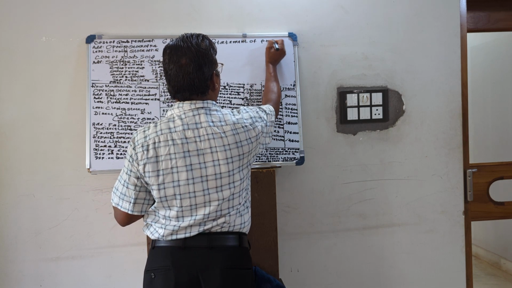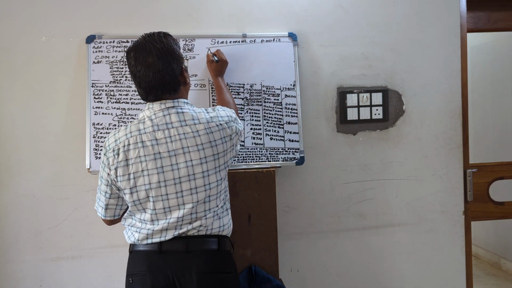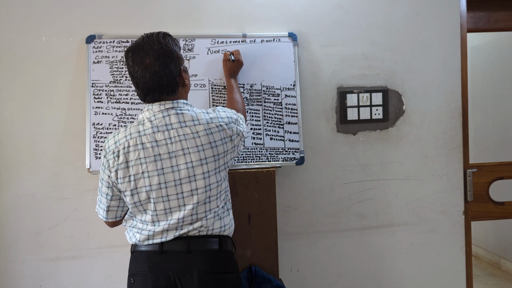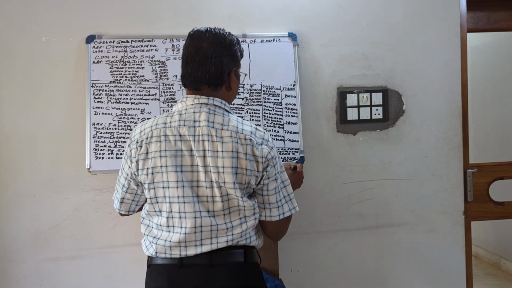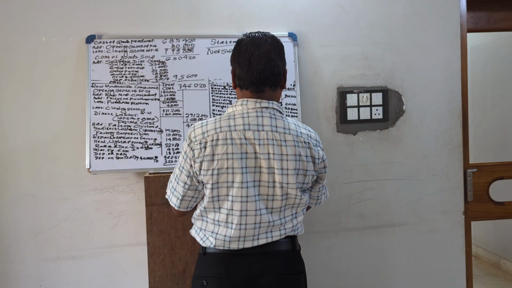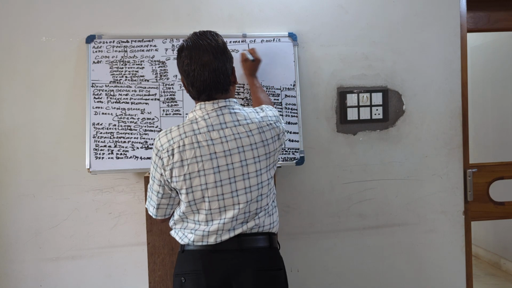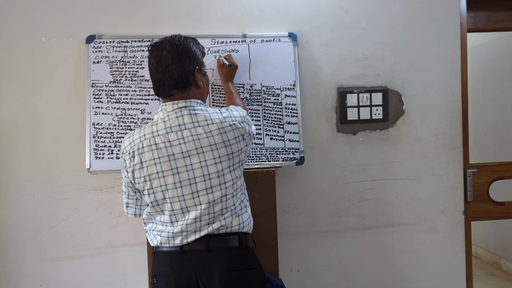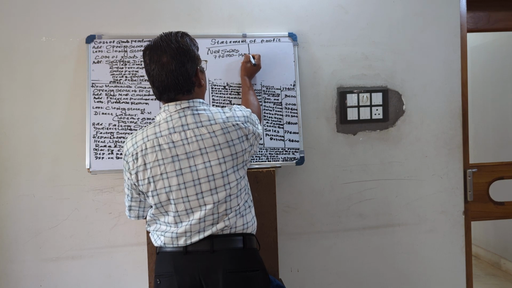First we will take net sales. Net sales is sales minus return. Sales is 7,76,000 minus return 14,000.